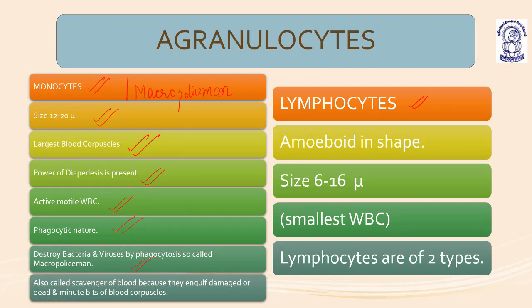Monocytes are also called scavenger of blood because they engulf damaged or dead and minute bits of blood corpuscles. Whatever is waste and not of use will be digested by these monocytes. Lymphocytes are amoeboid in shape, size 6 to 16 microns, the smallest WBC.